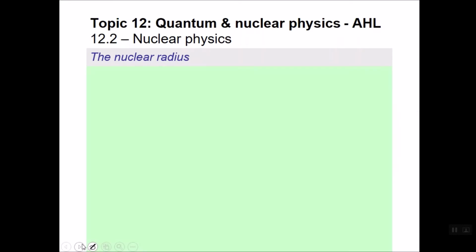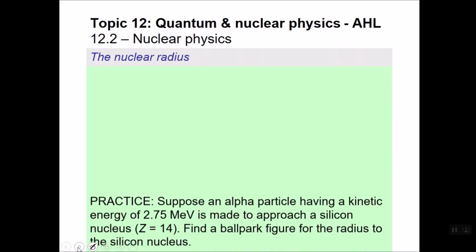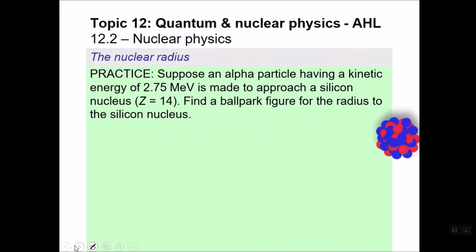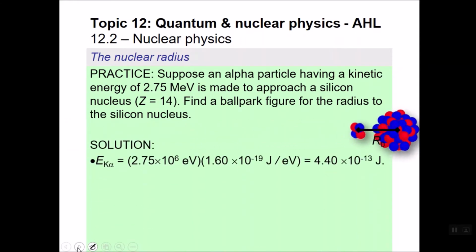We can actually use that to figure out what the radius, or get a good idea of what the radius of that nucleus is. You notice that the alpha particle does not come in and actually touch it. So we're not getting the exact nucleus size of this nucleus. So let's just use this to give us an estimate.